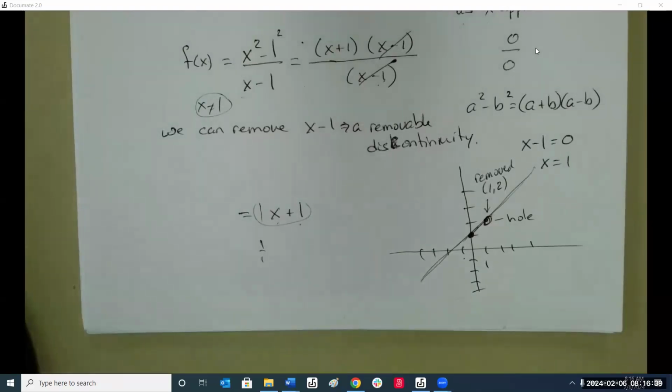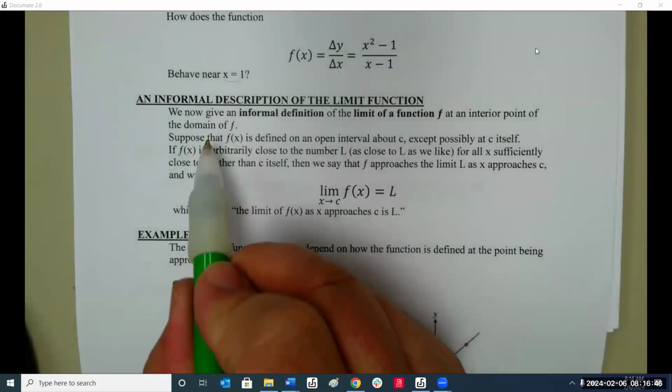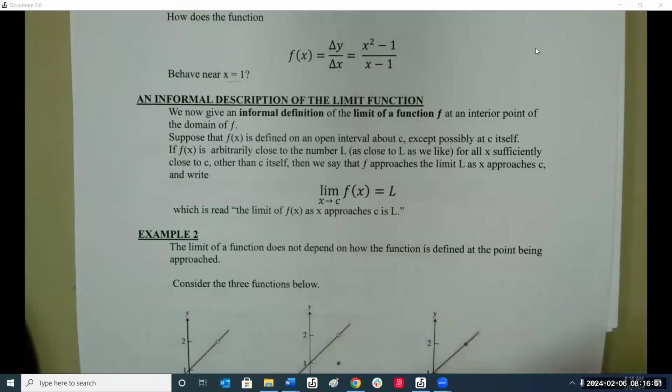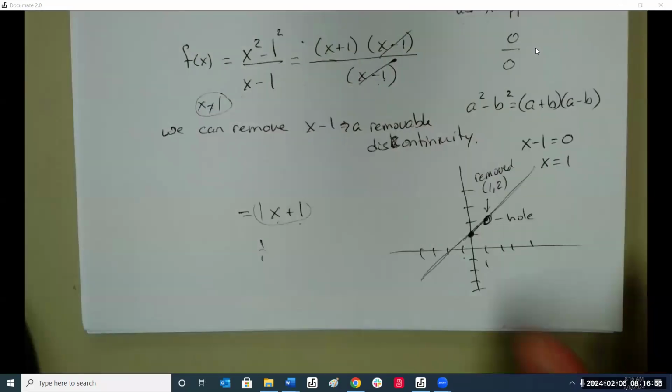So, as our example sheet says, an informal description of the limit of a function is this. That's an informal definition of what a limit is.